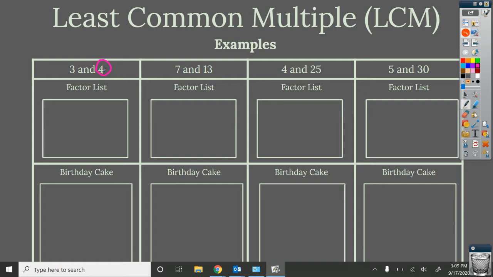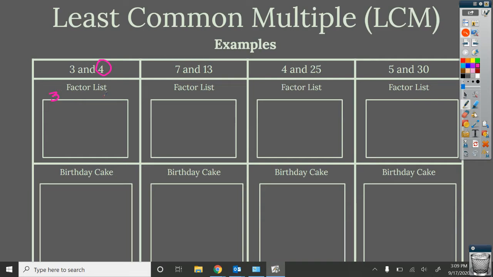And that is not the case. So that means that I need to list multiples or skip count by 4 to find something that 3 will go into also. Now, what I was doing earlier with somebody was I was just listing the first 5 multiples of both numbers and then looking to see if they had anything in common on the list. So I'm going to do that for this first one here.